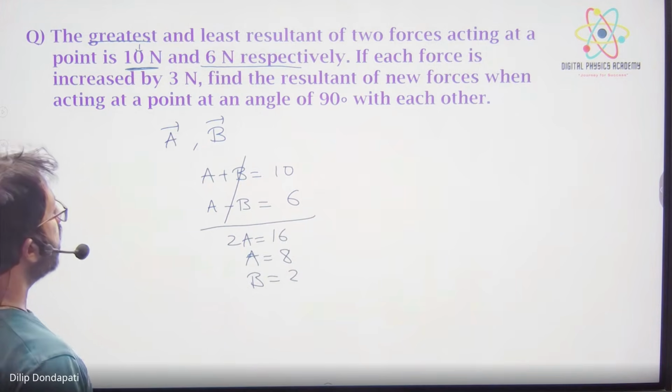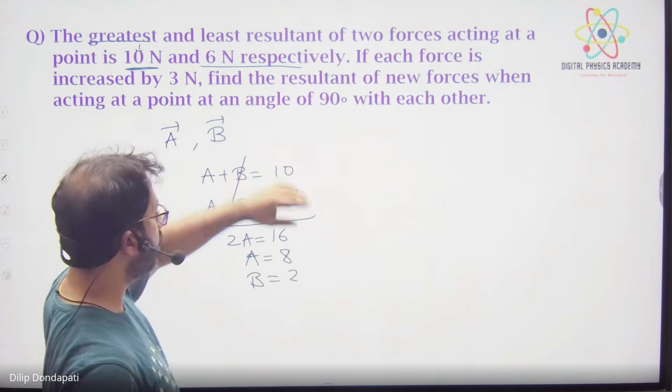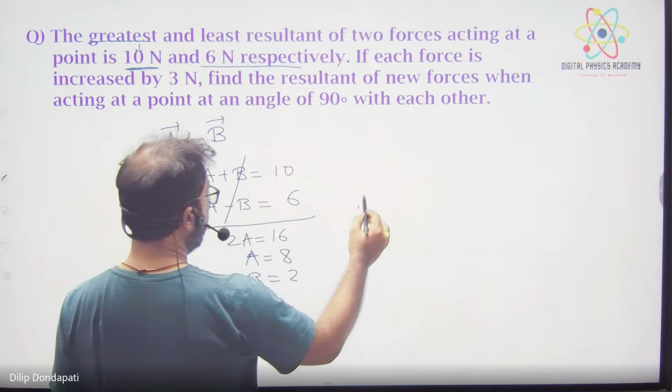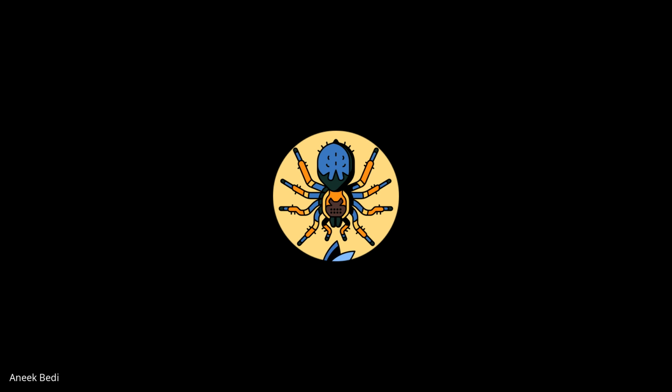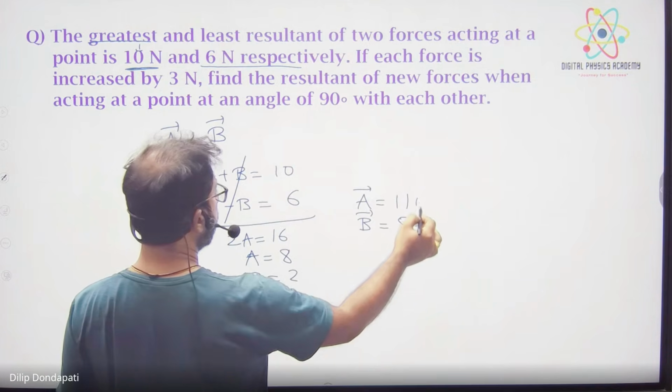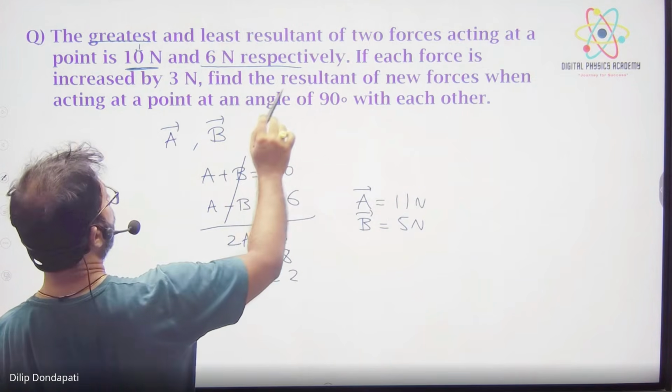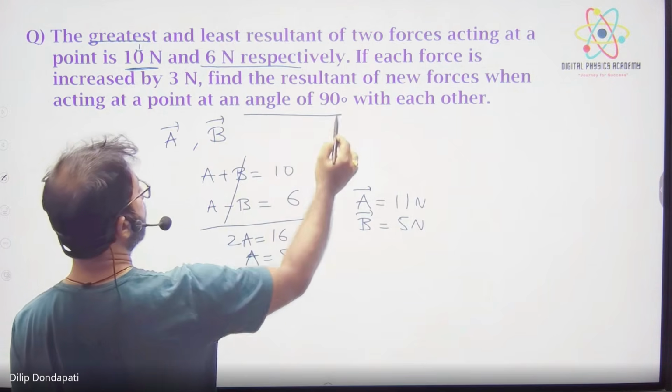Now what is it saying? If each force is increased by 3 newtons, how much will A be? 11. Okay, B will be 5. And find the resultant of forces when the angle is 90 degrees.